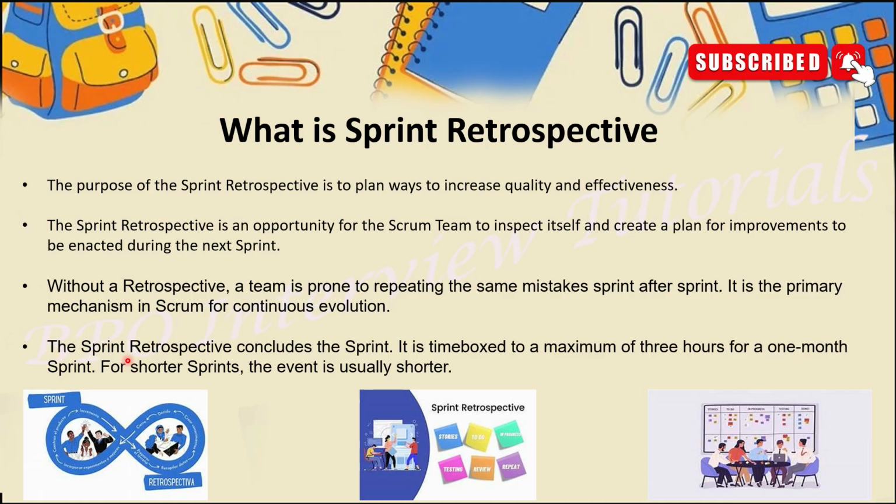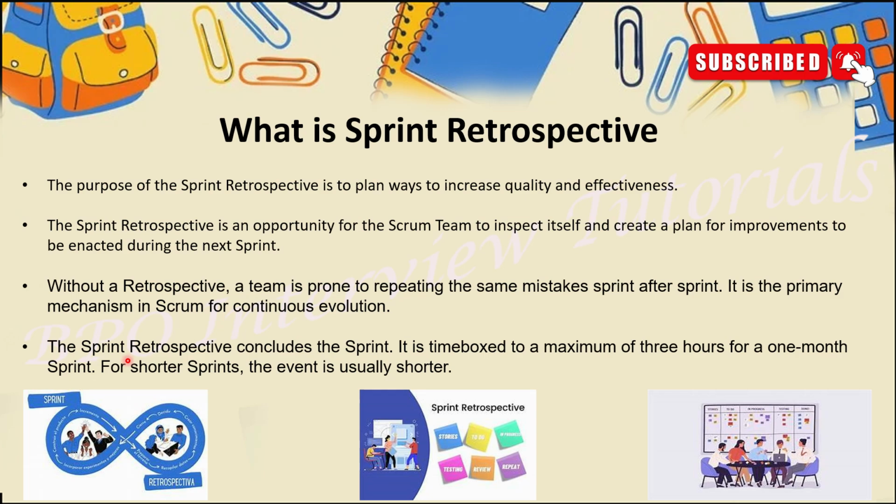So if we discuss everything right now, like what went wrong and how we can improve more, definitely our next sprint will be more accurate. We will get all the support, and all the planning will be accurate, right? Next, without retrospective, a team will repeat the same mistakes.